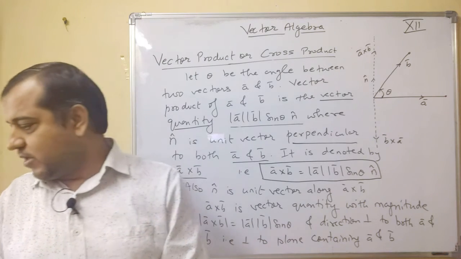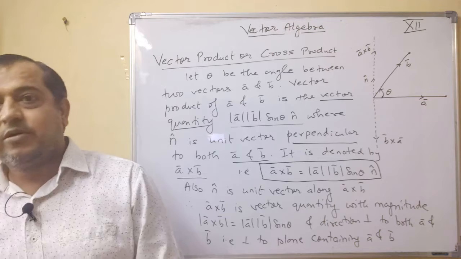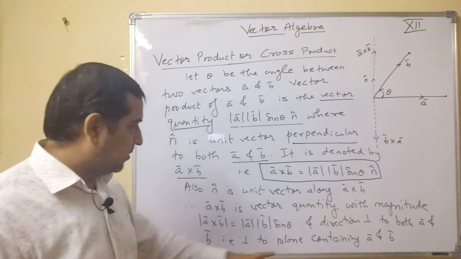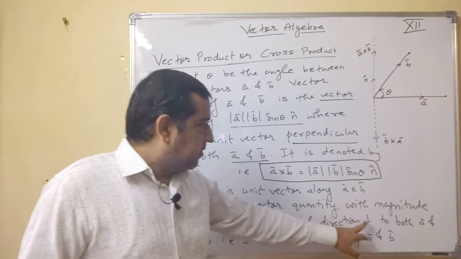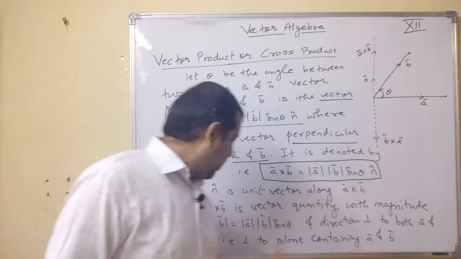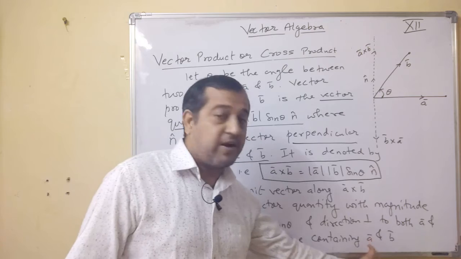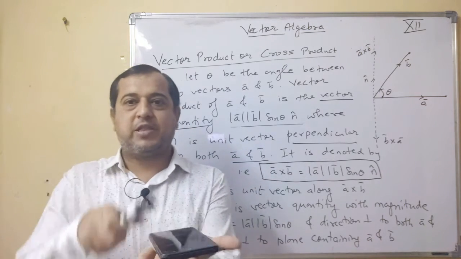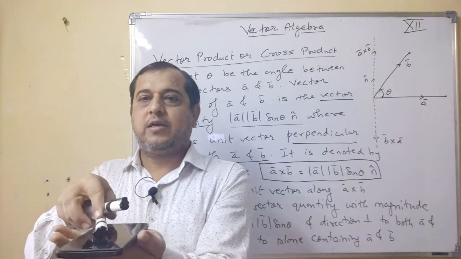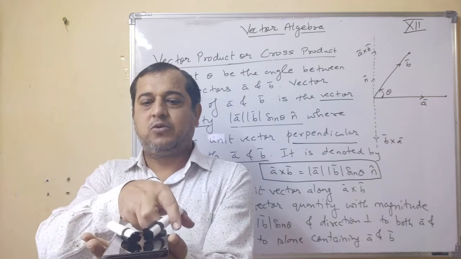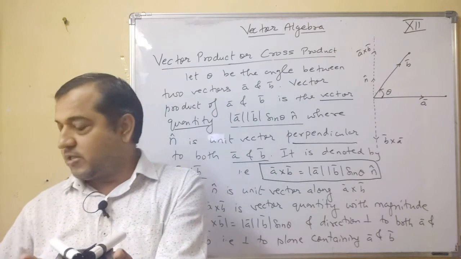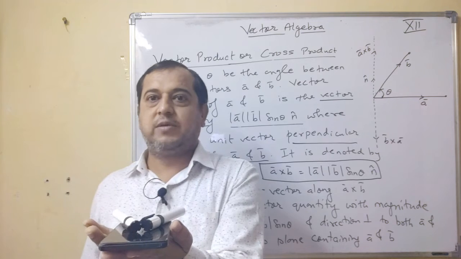Okay, this is all about vector product. See this, the direction is perpendicular to both vector A and vector B, that is, perpendicular to the plane containing vector A and vector B. As I told you here, this is the plane, this is one vector and this is the other vector. These are the two vectors placed in the plane.